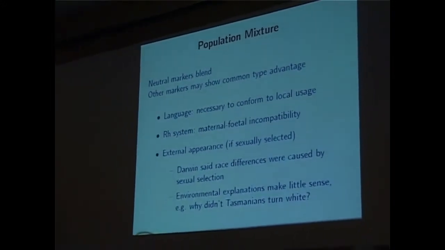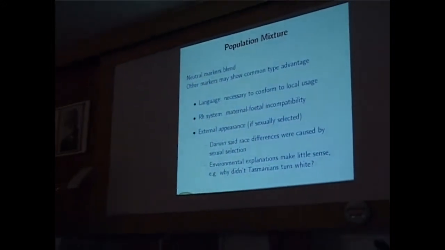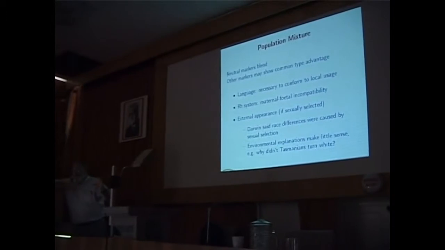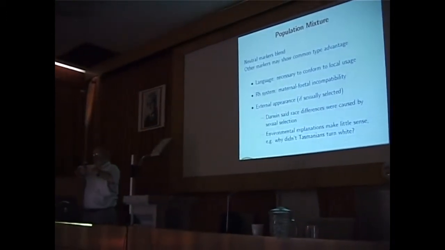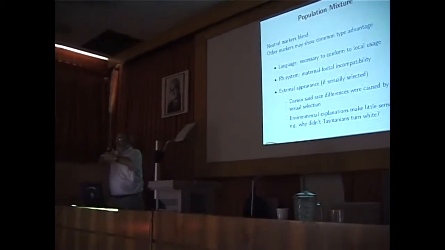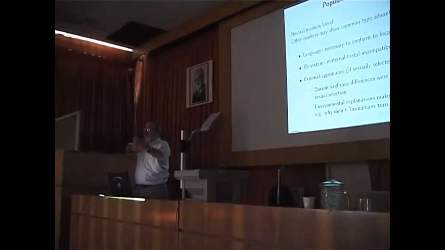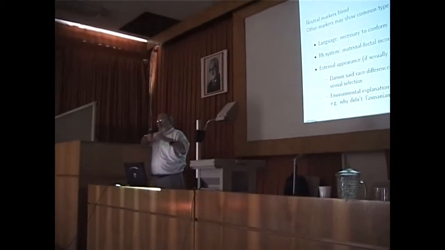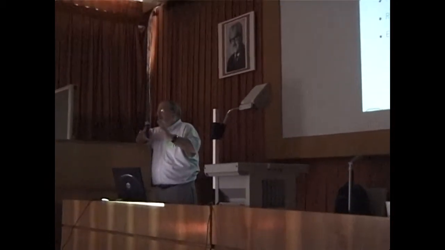Language doesn't blend. If you allow, say, people from Turkey to migrate to Germany in a trickle, you don't get a language that ends up being a blend of German and Turkish. People either learn German or they don't, but there's no blending.